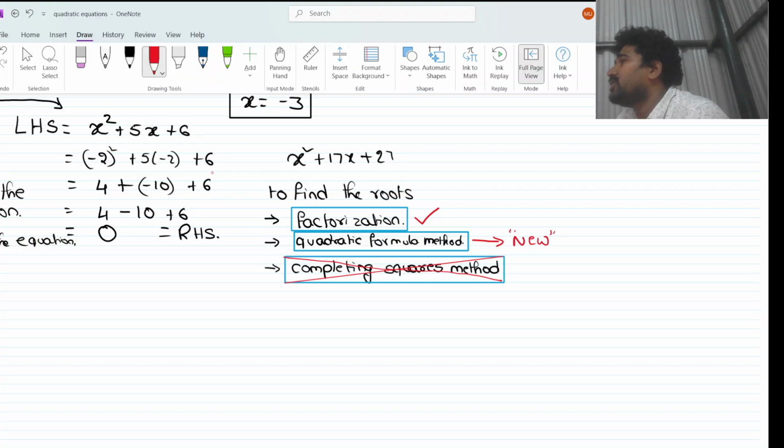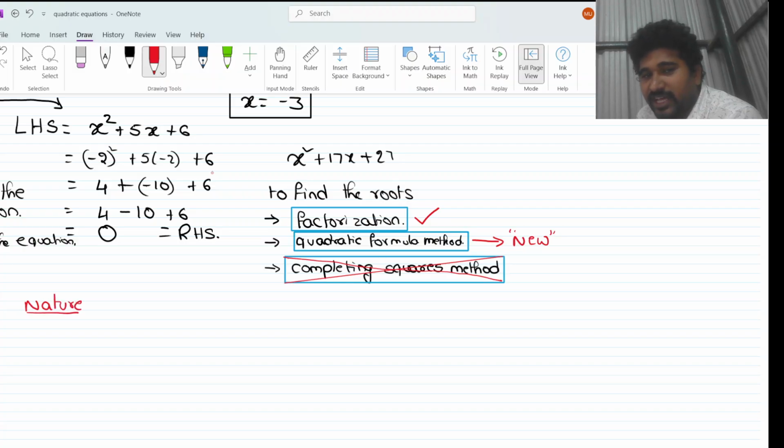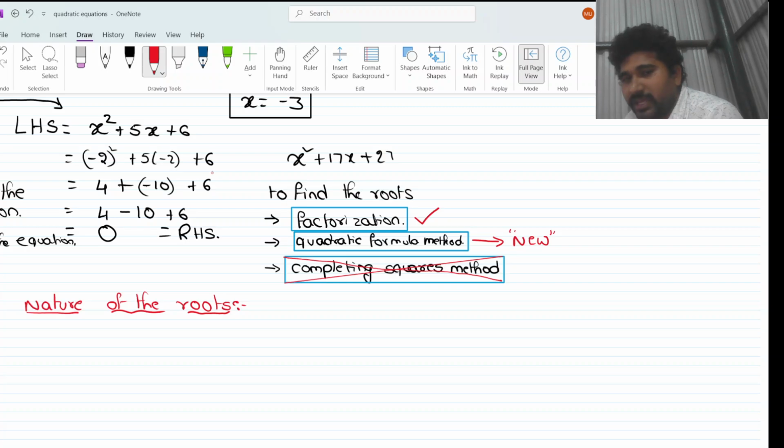One more small topic will be there in the chapter, that is nature of the roots. What do you mean by nature of the roots? Observe carefully.